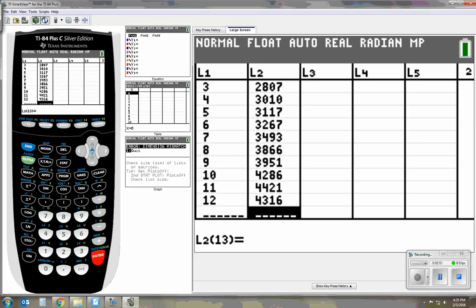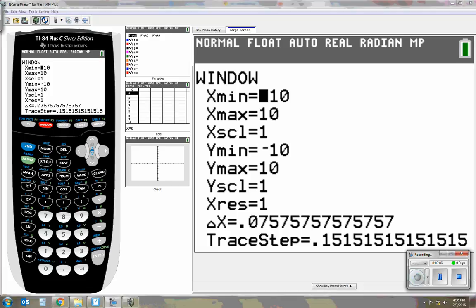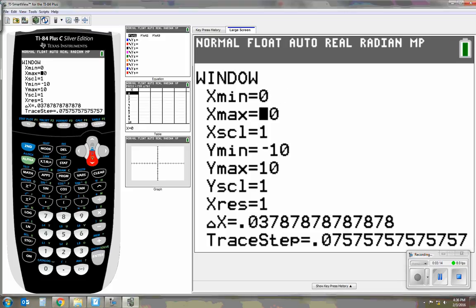Now, we have to be careful before we graph. We have to set our window correctly. If we look at the window, our data goes through 1 through 12. So since our x values are 1 through 12, I want to go a little bit below and a little bit above. So I'm going to do about 0 to 15.